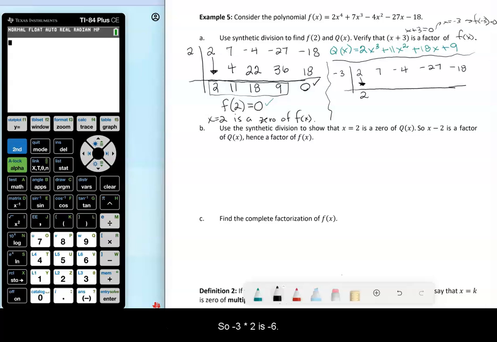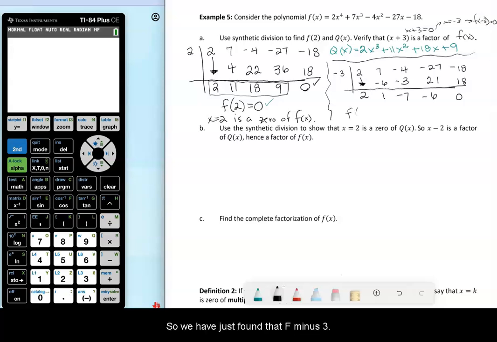So -3 times 2 is -6, and 7 minus 6 is 1, and -3 times 1 is -3, and -4 minus 3 is -7. -3 times -7 is a positive 21, -27 plus 21 is -6, and -3 times -6 is a positive 18, which is 0.